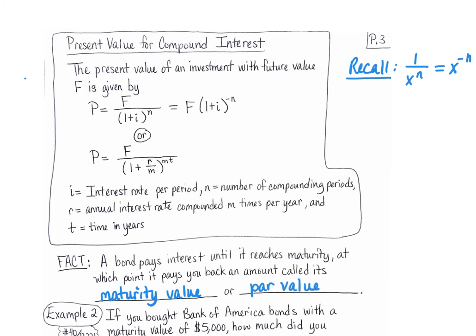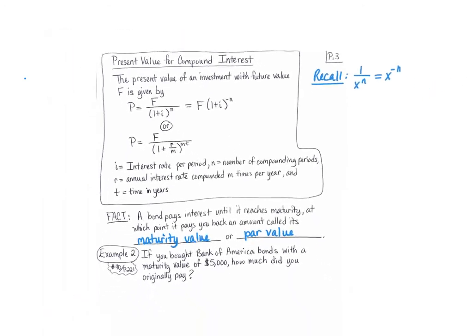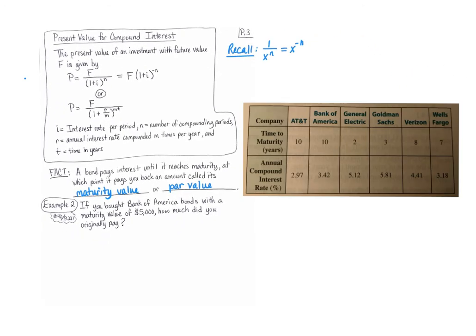Okay, so let's look at an example together and include this table in your notes. If you bought Bank of America bonds with a maturity value of $5,000, how much did you originally pay?